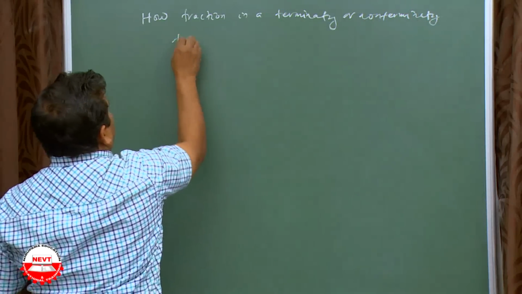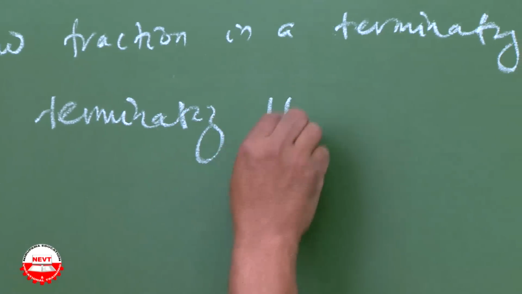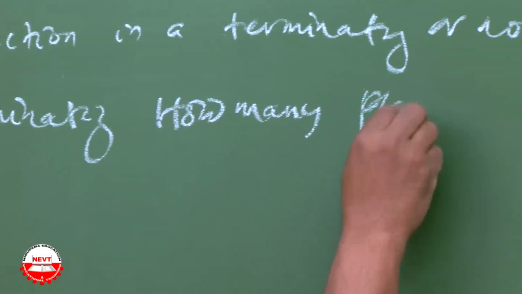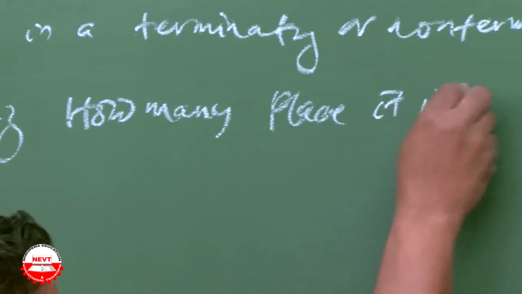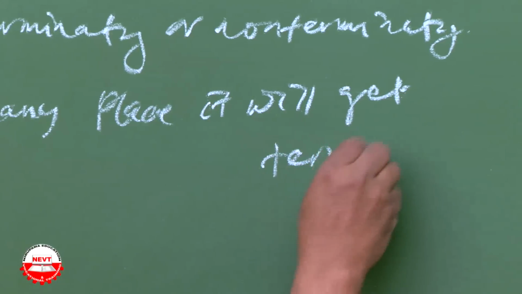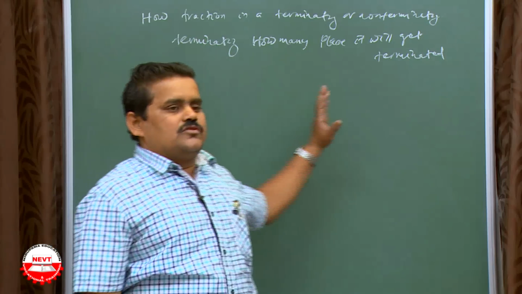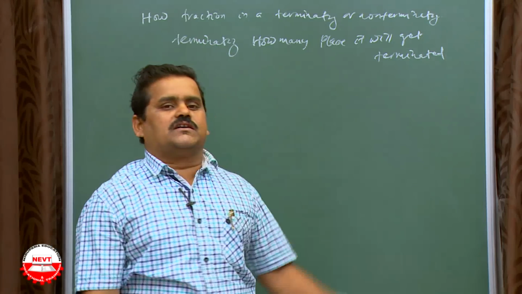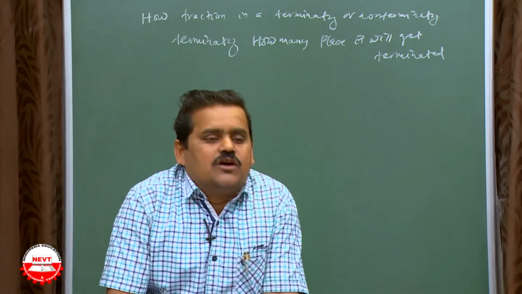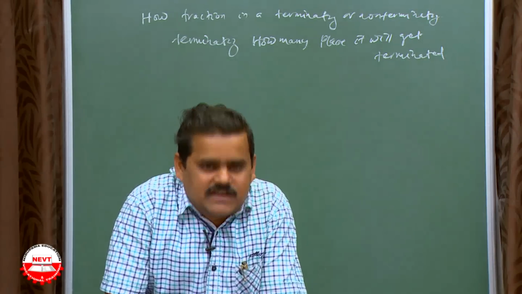If it is terminating, after how many places it will get terminated. So a fraction is given to you. Without the long division method, how are you able to know whether it is terminating or non-terminating? Or if it is terminating, then after how many places it will get terminated?